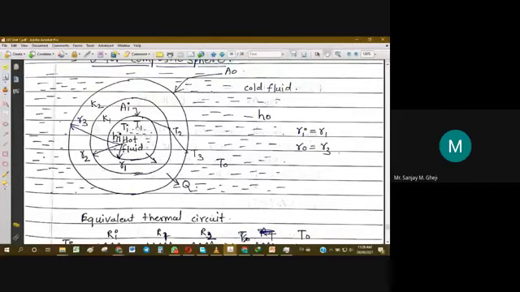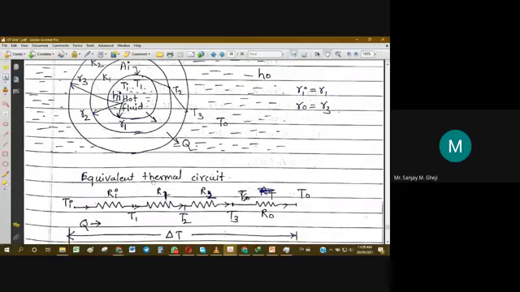Then again, all the notations are the same as in the case of hollow cylinder. Hot fluid is there at temperature Ti, and heat transfer coefficient is Hi. Inside surface temperature is T1, the intermediate temperature is T2, and the outer surface temperature is T3, and outer fluid temperature is To.